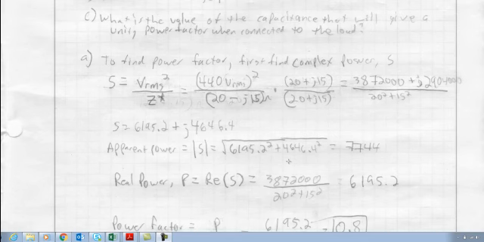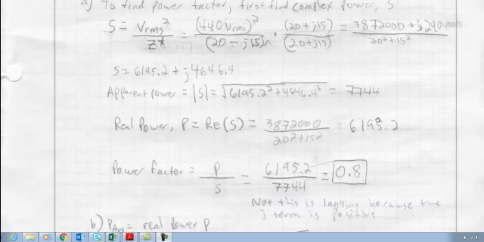And then the real power, P, is equal to the real part of our S. So if we work this on out, going back up to here, the real part is just equal to the 6195.2 that we had over there, or you could go back to this and just say, okay, that is this portion divided by the sums of the squares down there.